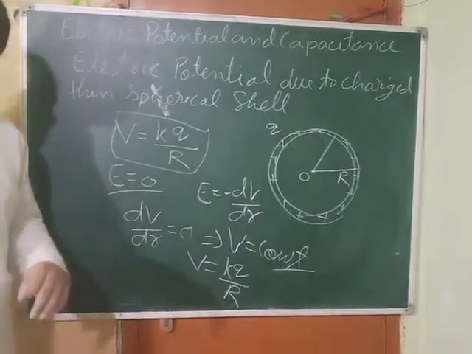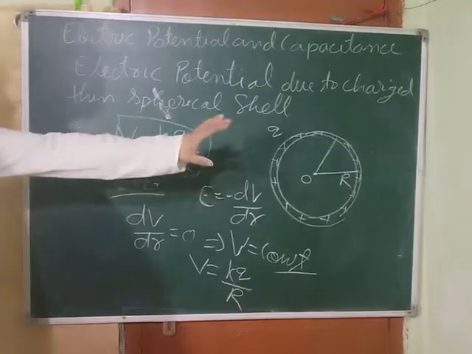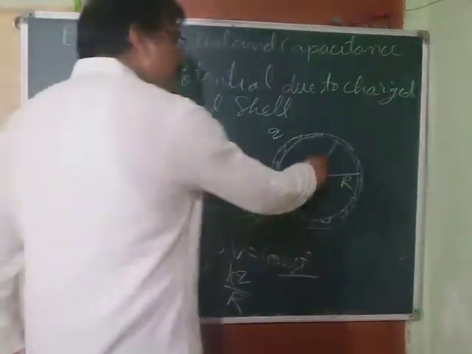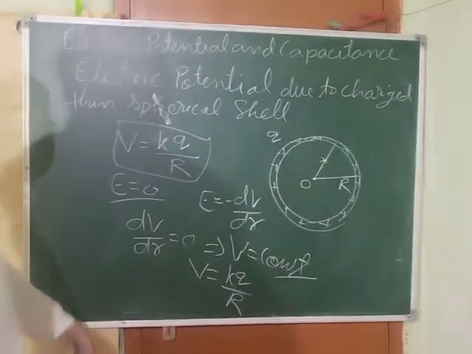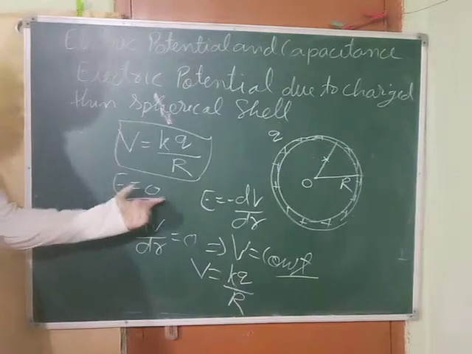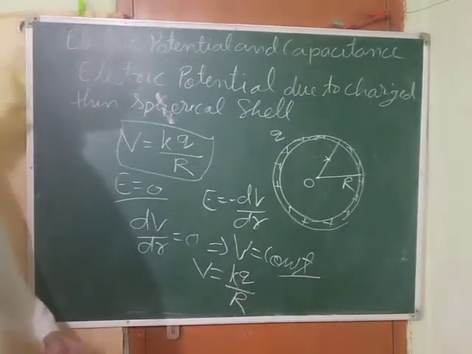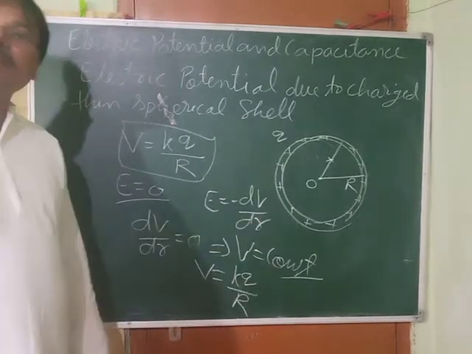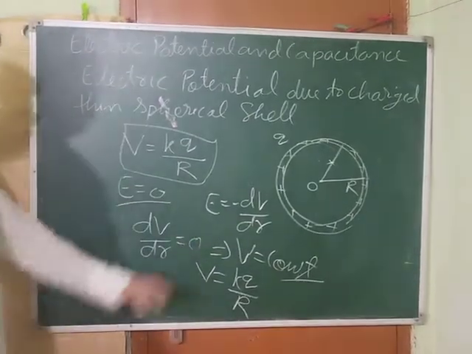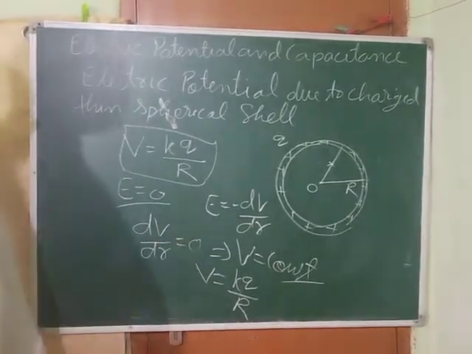KQ by R. Now if you want to find out the electric potential at any point inside this, then what we have to do? We know that electric field inside this is 0 by application of Gauss law. And we also know E is equals to minus dV by dr. Now as E is 0, so we can write dV by dr is equal to 0. And this implies that V is equals to constant.